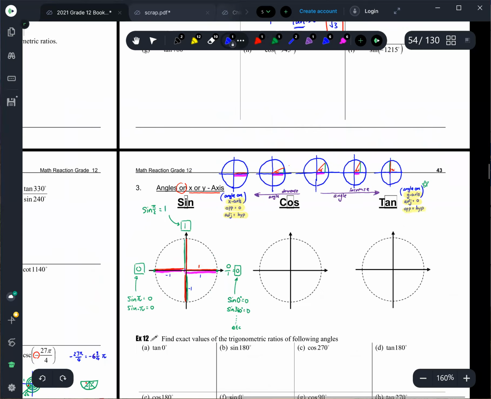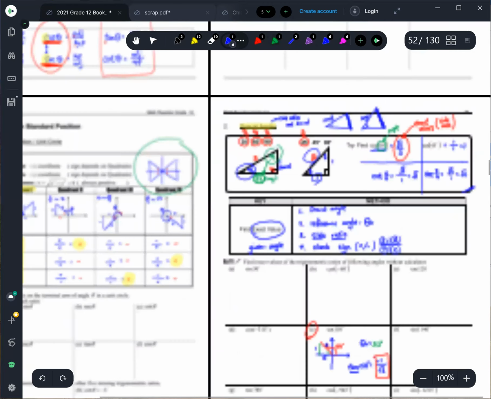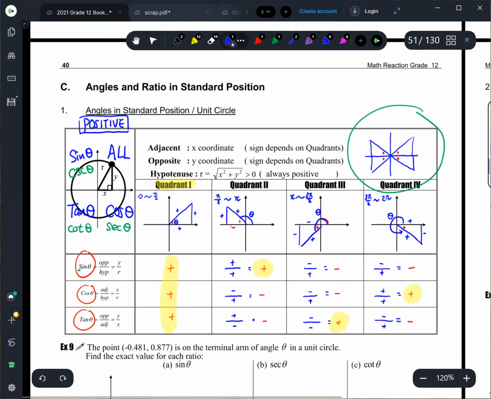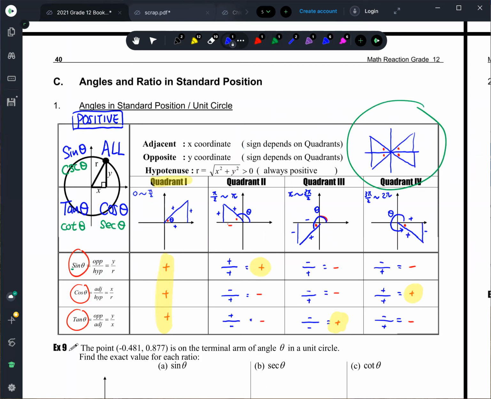The sides will change sign as you move to different sides. Remember this picture, this chart? In different quadrants, your adjacent and opposite will change sign. But the hypotenuse is always positive, okay?